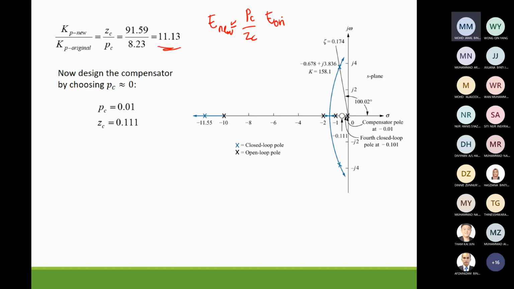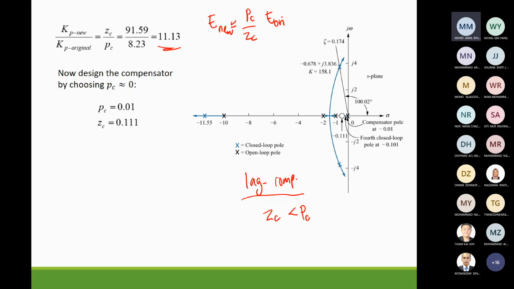So we need to choose suitable values of Pc and Zc. In this example, because we want to develop a lag compensator, we must use Zc greater than Pc. So you choose a value for Pc first. Usually we choose Pc close to 0.